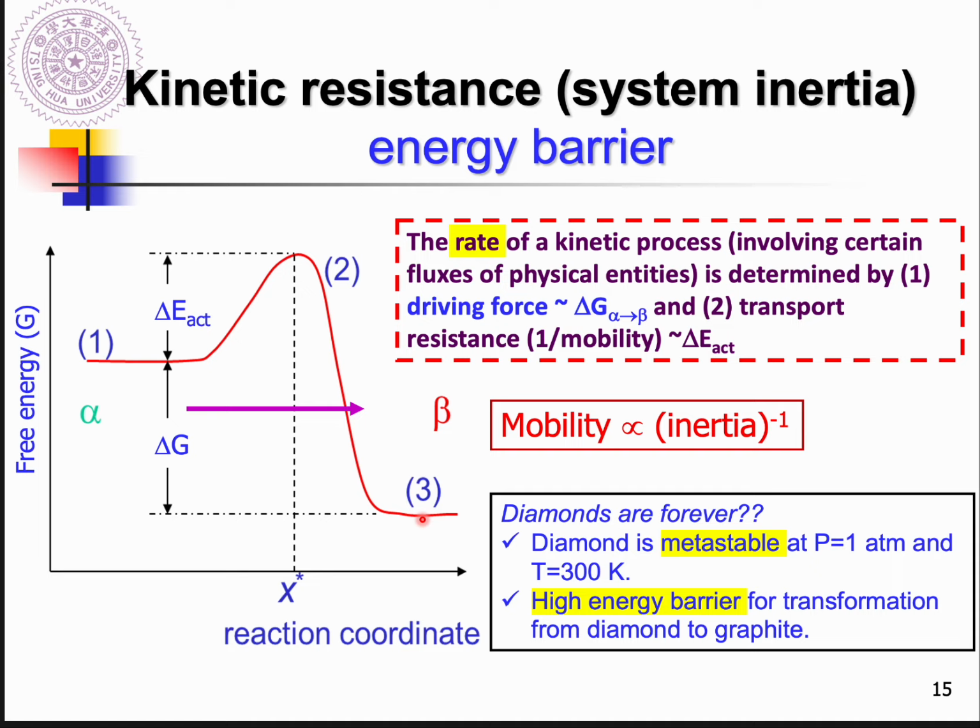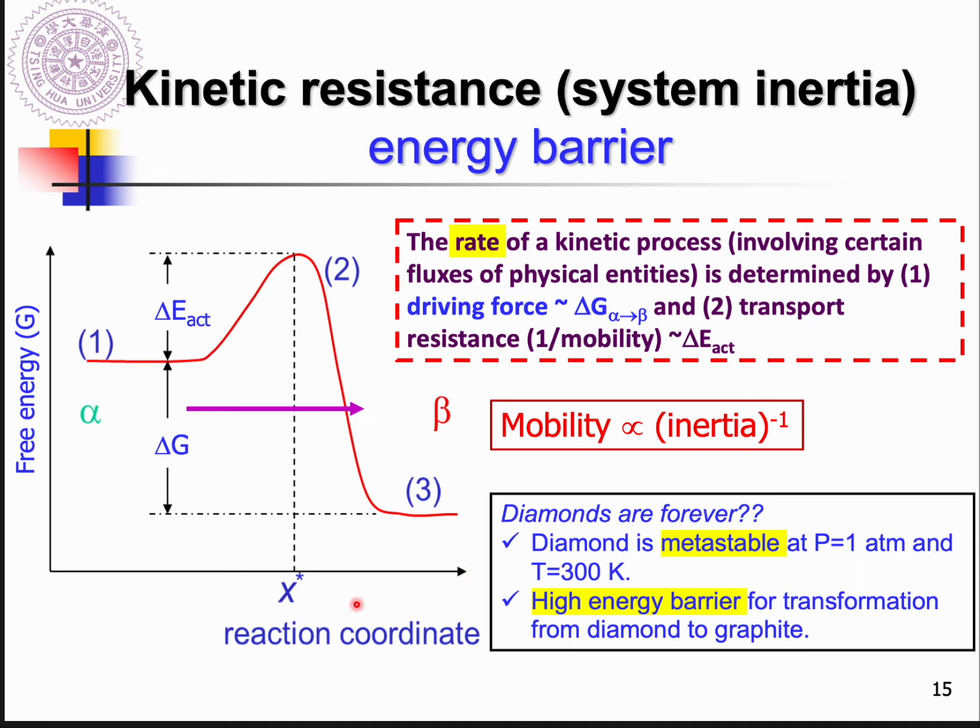So based on thermodynamics, we believe diamond will convert to graphite. But in our experience, we don't have any chance to visualize our diamond ring becoming a graphite ring, right? So what happened or why?